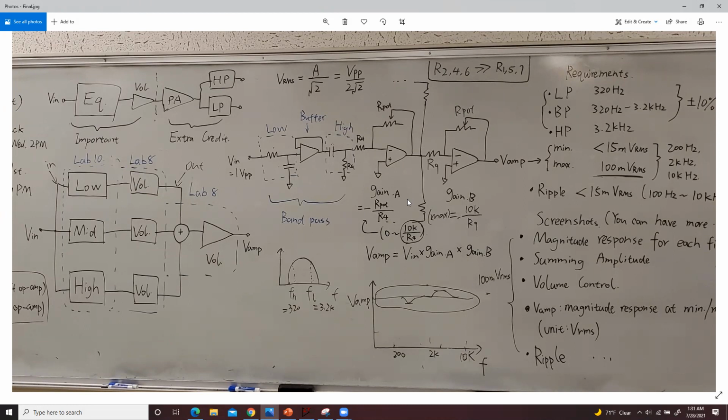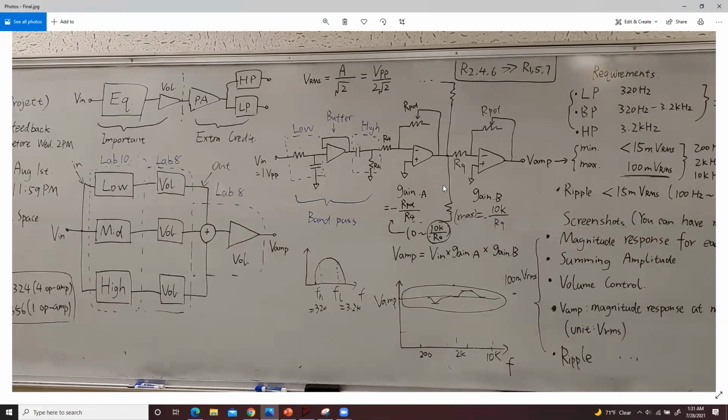Especially if you're at home, you need to make sure you have them. If you're near the campus, you can take some from the double E shop. After you do the calculation and verify you have those components in your lab kit, you can start to build the circuit.